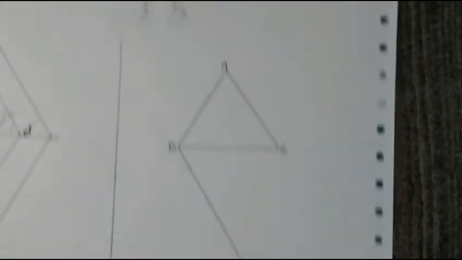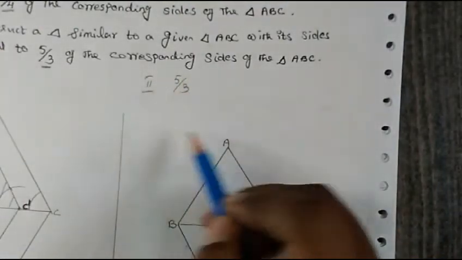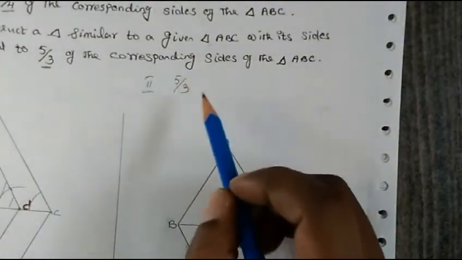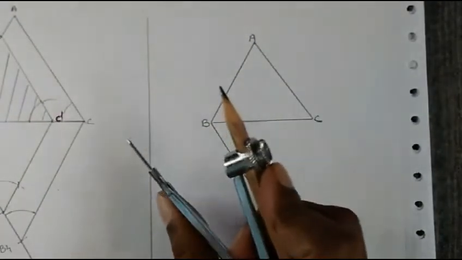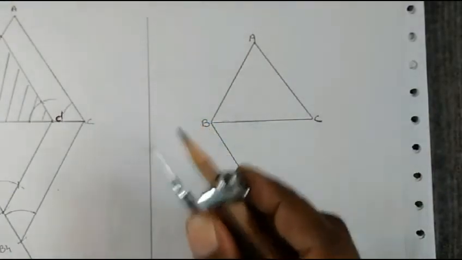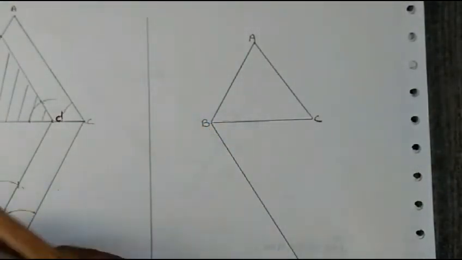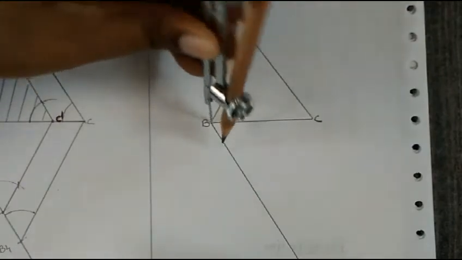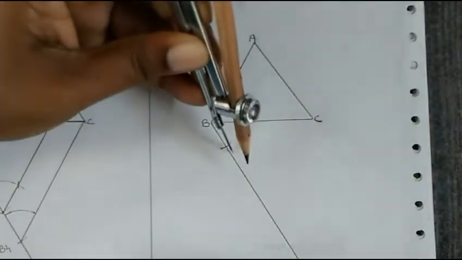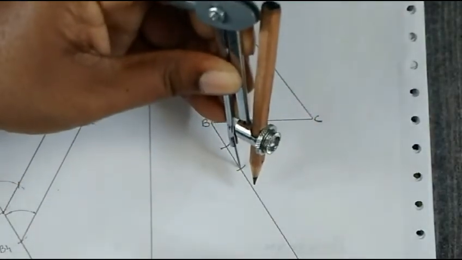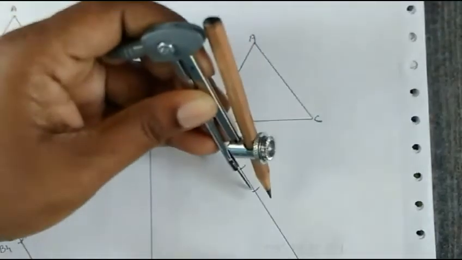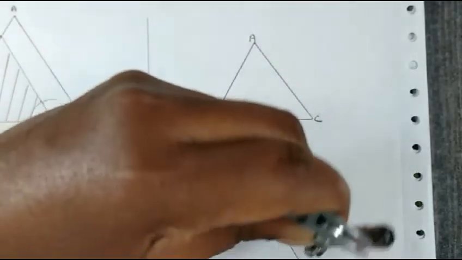So what we have to do? We have to see which is the biggest number here. Biggest number is 5. So we will divide this into 5 parts. Okay, take the compass, any measure you can take, and divide into 5 parts. 1, 2, 3, 4, 5.